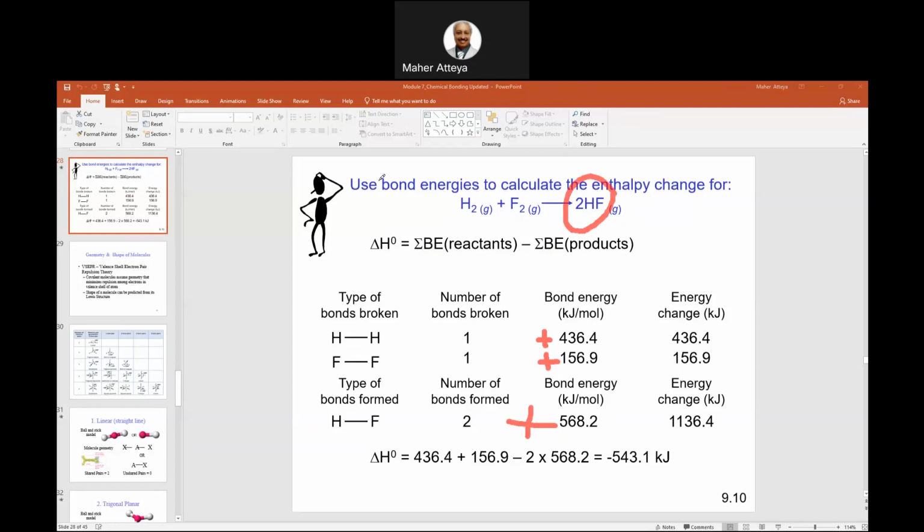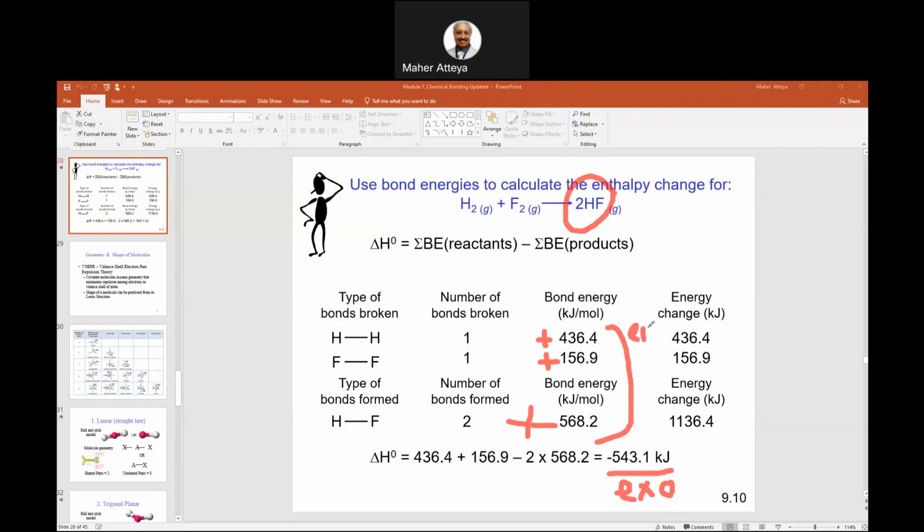So the reaction itself is what? You are breaking the hydrogen gas molecule and breaking the fluorine gas molecule. But when you bring them together to produce HF, the reaction is exothermic. When you form a bond, this is exo, and all those where you are breaking are endo.